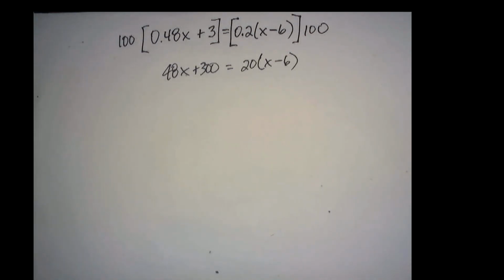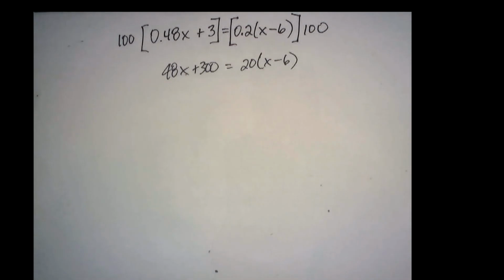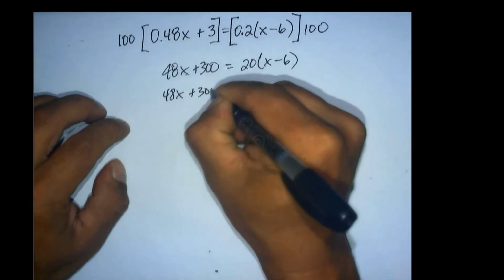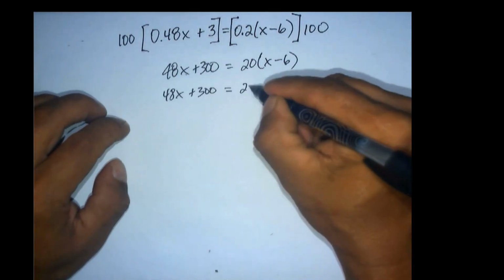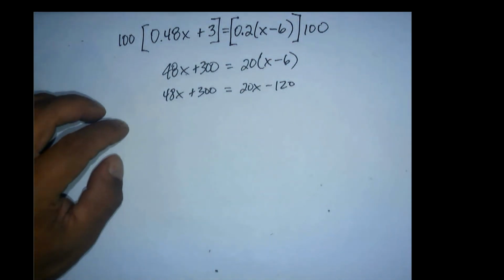Do you see any questions over that? All I did was multiply. Here I only had to multiply this number because it's outside the parentheses. Okay, then I'll distribute that 20.